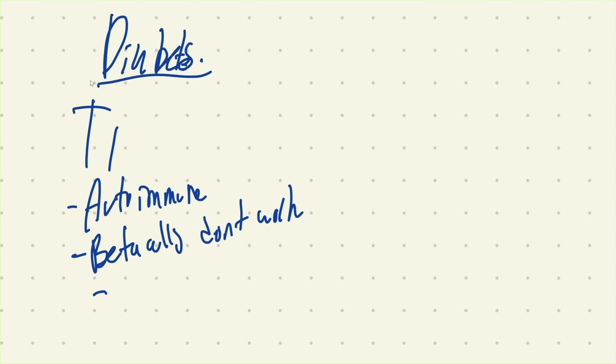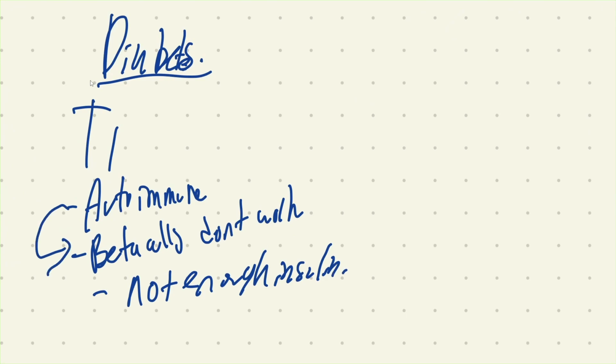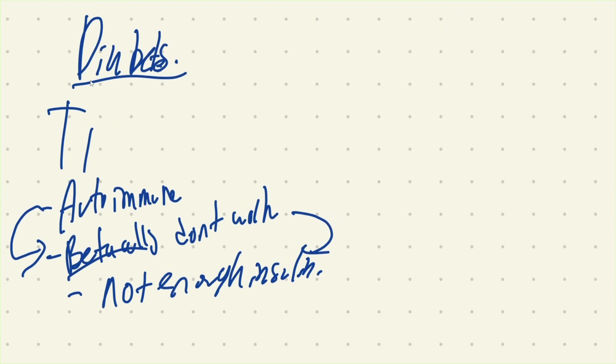You're not going to have enough insulin, because your autoimmune system is attacking the beta cells, so you're not going to create enough.